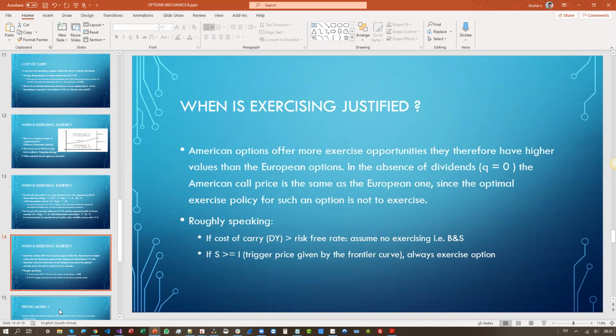And there's no motivation at all for exercising early. Typically, and also simplifying it a bit, because here I'm not going into the stats, if the cost of carry expressed as the dividend yield is above the risk-free rate, generally there's no motivation for exercising.